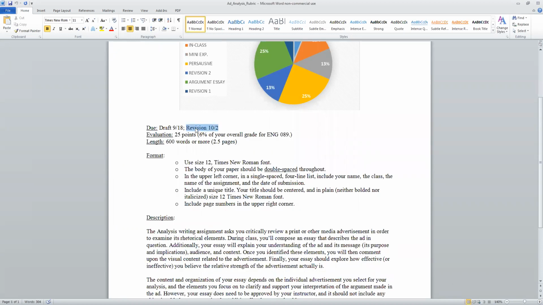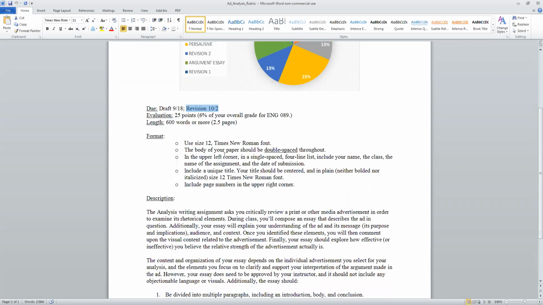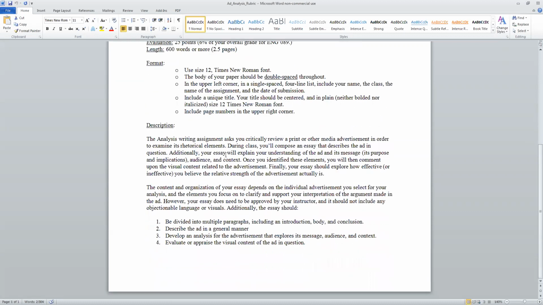Remember that primarily the revision, which is what we'll be responsible for now, is not due this week, but not until the first Friday of October, the 2nd. So what we had to do was critically review a print or other media advertisement in order to examine its rhetorical elements.